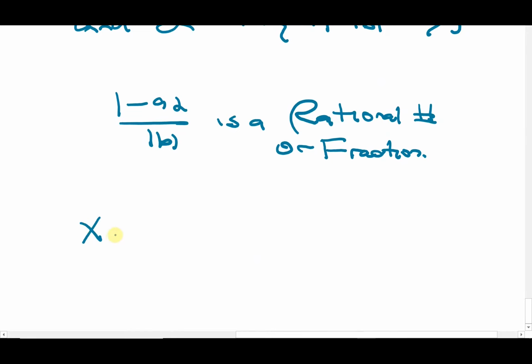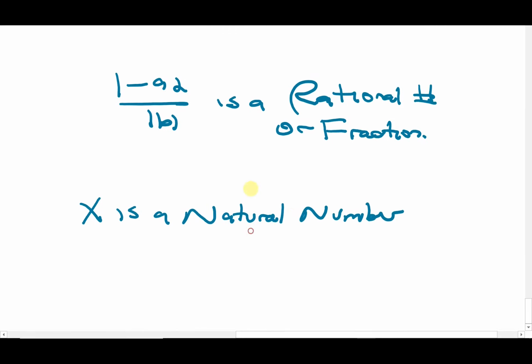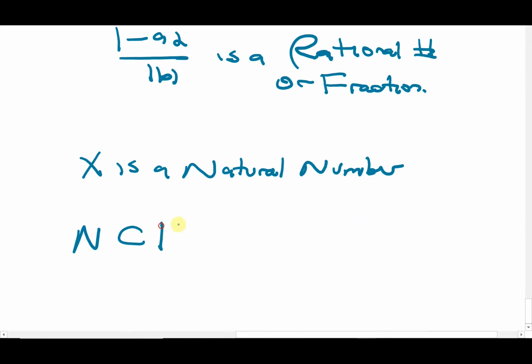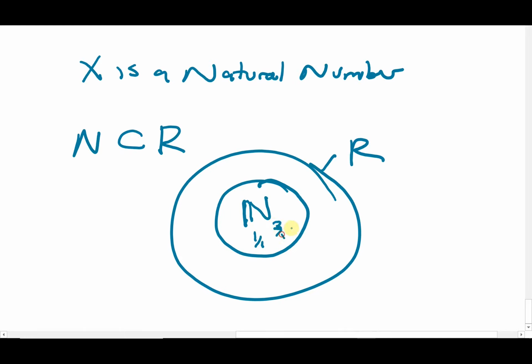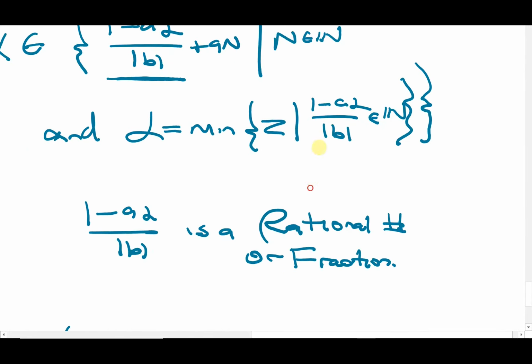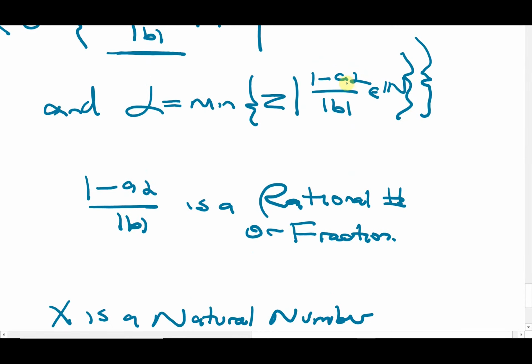We know x is a natural number, and the natural numbers are a subset of the rational numbers. So if we have a set here, this is the set of natural numbers, this is the set of rational numbers, like 1 over 1, 3 over 1, which is 3, but we also have 1/2 and 3 over 2, which are not whole numbers. So we need to find alpha, once we find a and b, such that this is a natural number and that satisfies the minimum.